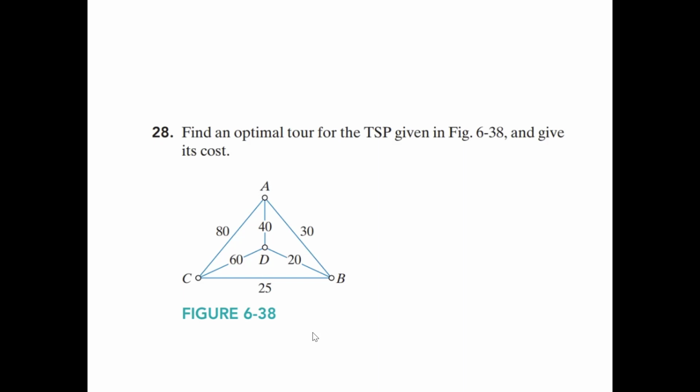And so then you have 1, 2, 3, 4 vertices, and since this is basically K4, you have a formula for how many Hamilton circuits you have, and that turns out to be 4 minus 1, which is 3 factorial.